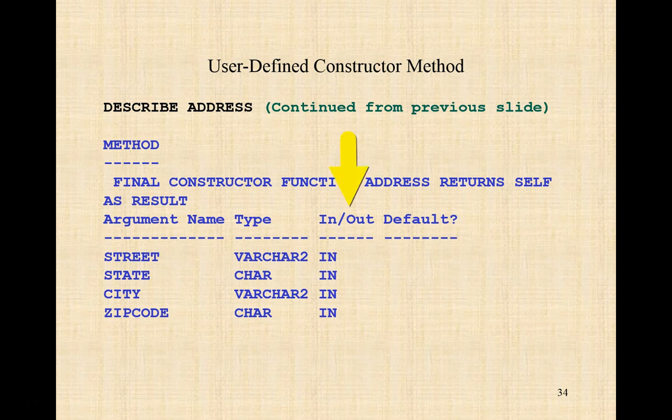Note the parameter mode shown in the column labeled in/out. This has a value of in for each of the parameters or arguments to the constructor function. No explicit mode was indicated in the create type statement. The default mode is in. In general, this is how a function should be defined to avoid possible side effects.